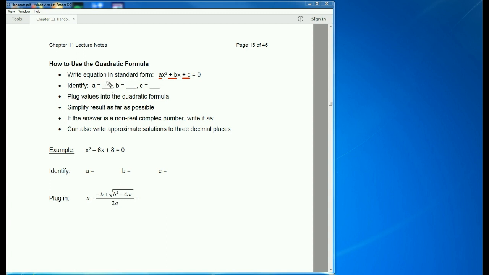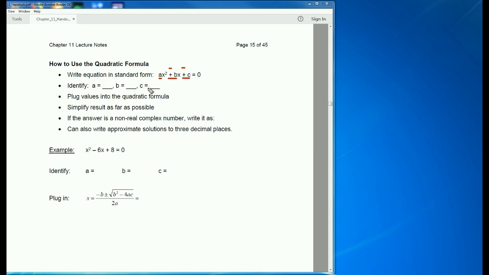And again, a will always be positive. b and c could be positive or negative. You have to go based on the sign here. You could have a minus sign here. You could have a minus sign here. In that case, that would mean that b is negative or c is negative.